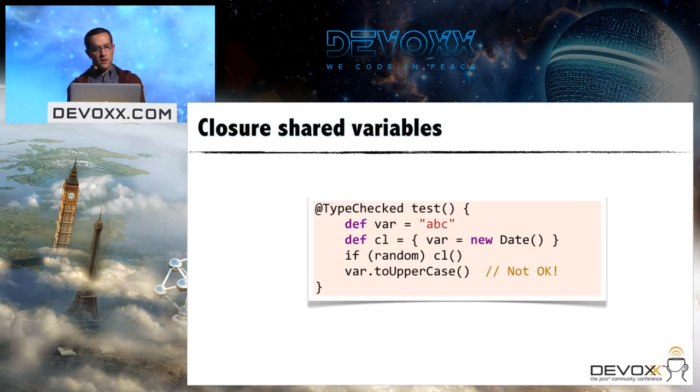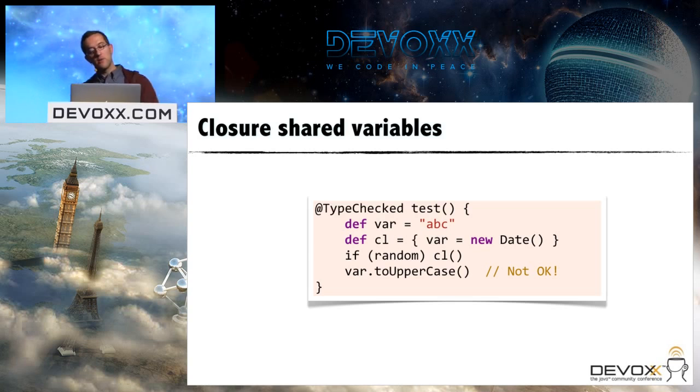Well, I think I might probably skip that. It's again about the flow typing capability. When you have local variables which are shared within the body of a closure, you can't really know if the closure is called. For example, if you've got a random value, I put a string into my variable, and then perhaps I'm going to call that closure depending on a random value, which is a runtime aspect.